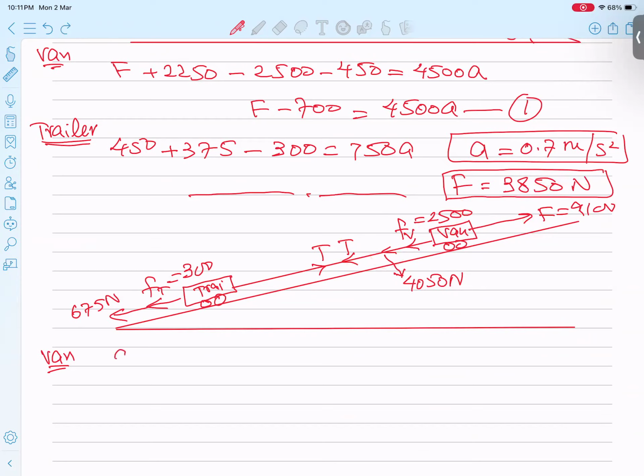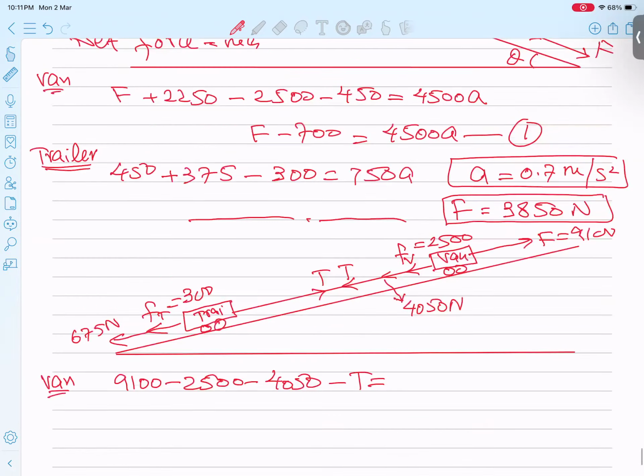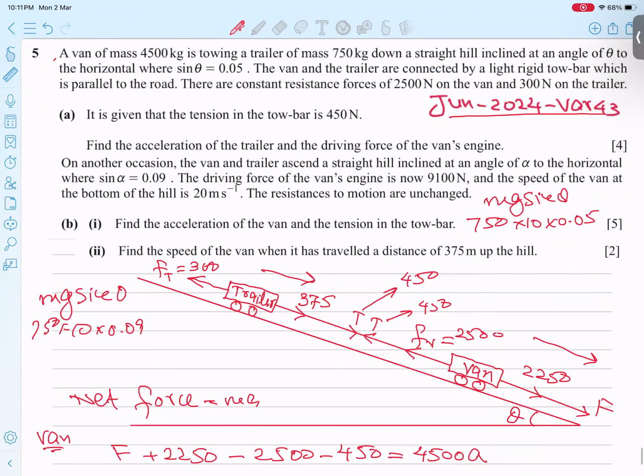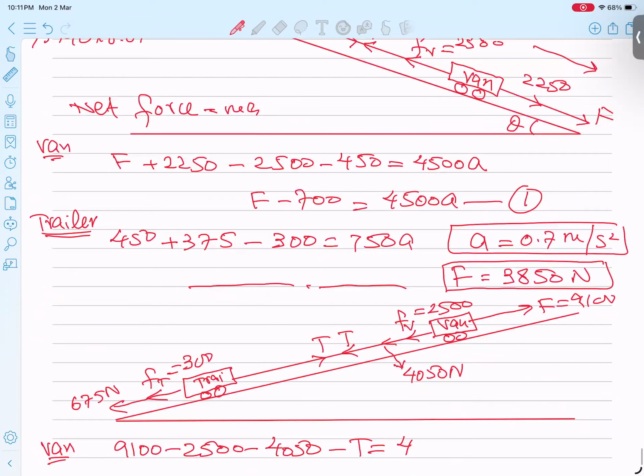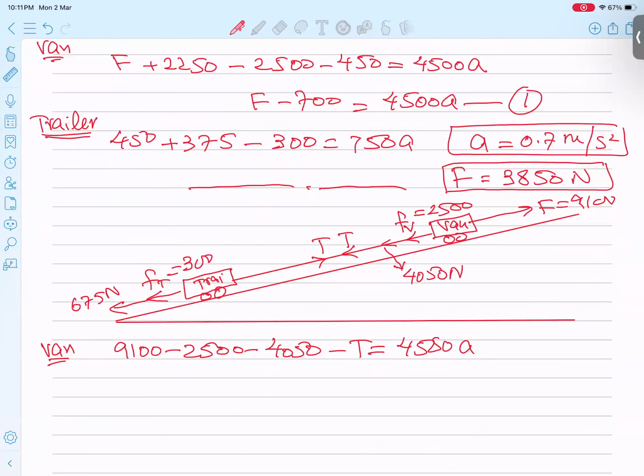So I can say 9100 minus friction component minus weight component minus tension equals to MA. And what is the mass? 4500 into A. So I can type 9100 minus 2500 minus 4050, and I'm getting here 2550 minus tension equal to 4500A.